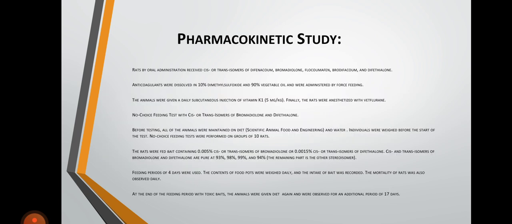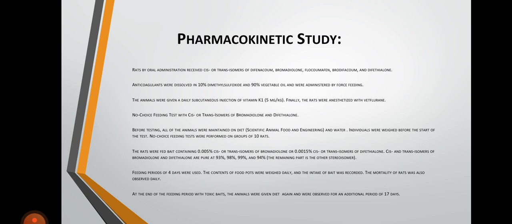Pharmacokinetic study means what mixture is going to be given to the rat. For example, if we are going to give an anticoagulant, it should be dissolved in 10% dimethyl sulfoxide, 90% vegetable oil, and we should give these agents by force feeding to the rat.